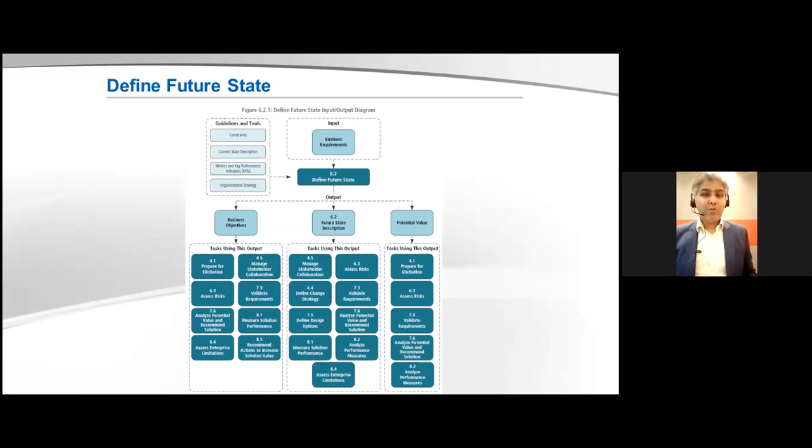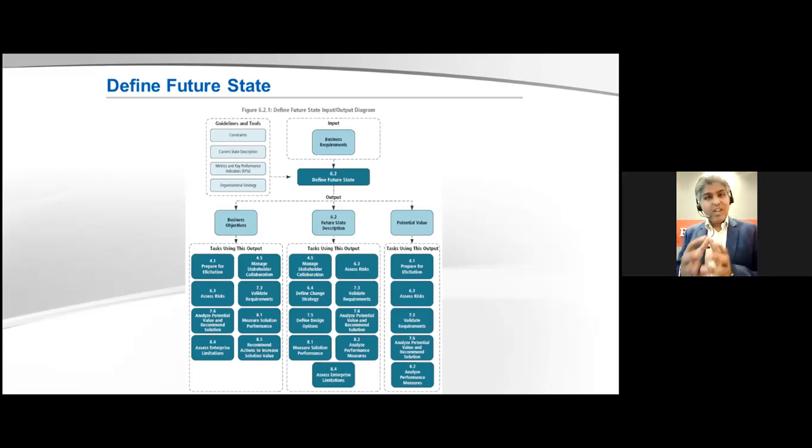Desired future state could be a new process. Desired future state could be a solution of a problem. Like for example, I told you there are certain business needs: I need faster reporting, I need savings on paper, I need to reduce the number of mistakes that are causing financial impacts.